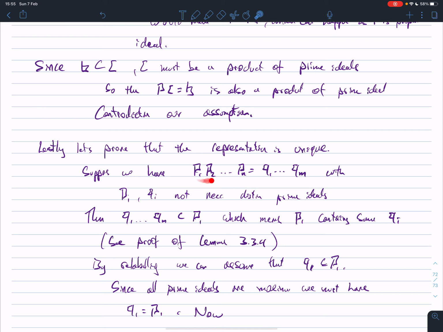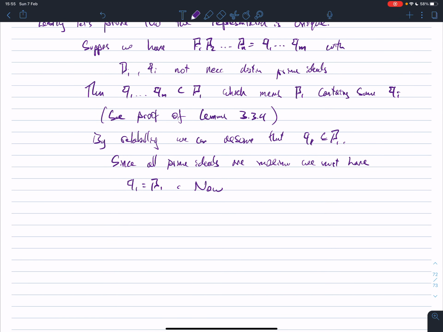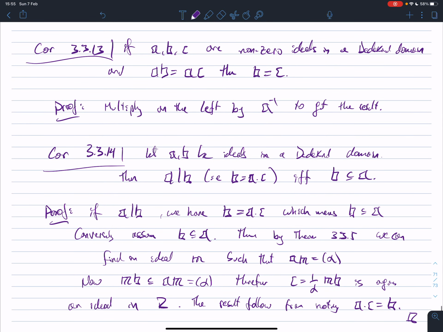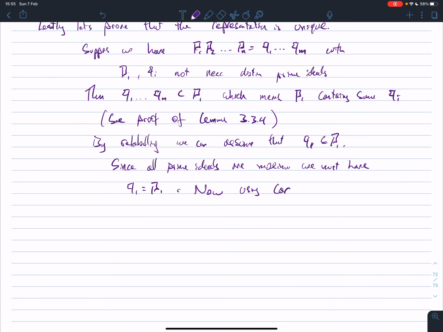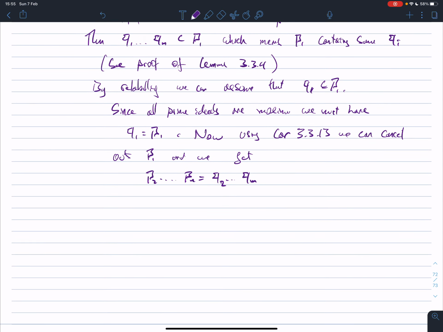Now if you go back to our assumption, we had a product like this with P1, and now we know that P1 and Q1 are the same thing. Using the corollary we had before, 3.3.13, we can cancel out P1, and we get P2 to Pn equals Q2 to Qm, and you continue like this.